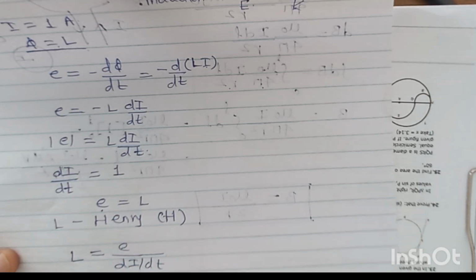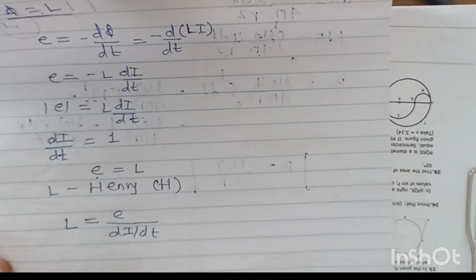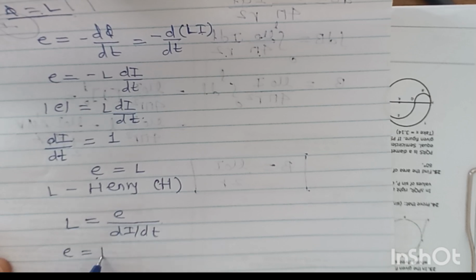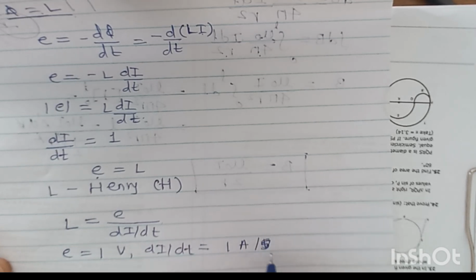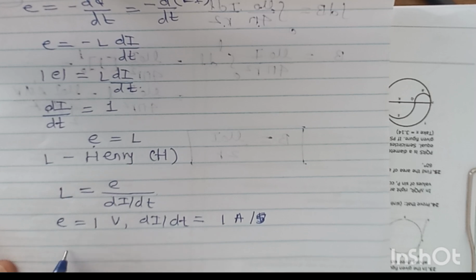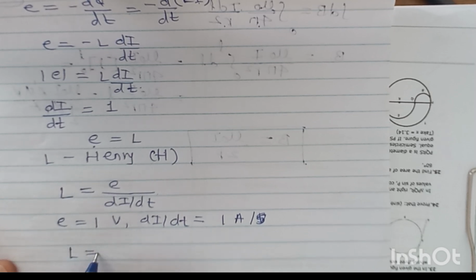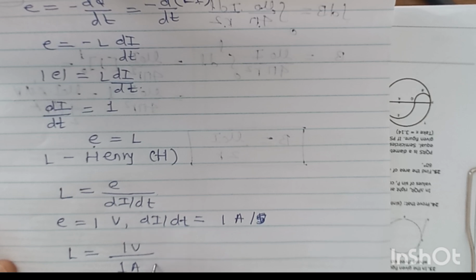So this is self inductance, and if we take EMF equal to 1 volt and di by dt equal to 1 ampere per second, then we can write inductance L is equal to 1 volt upon 1 ampere second raised to minus 1.